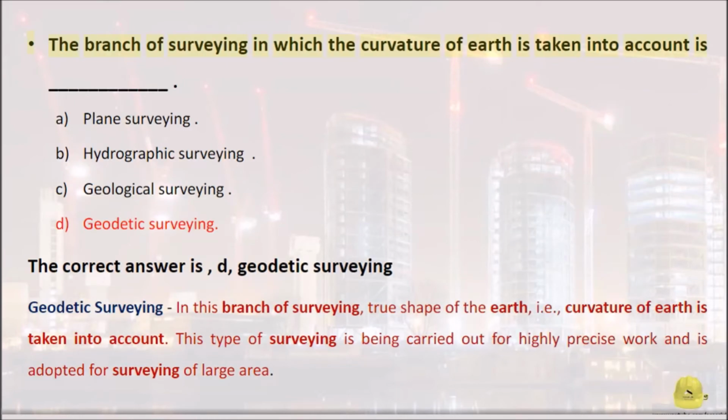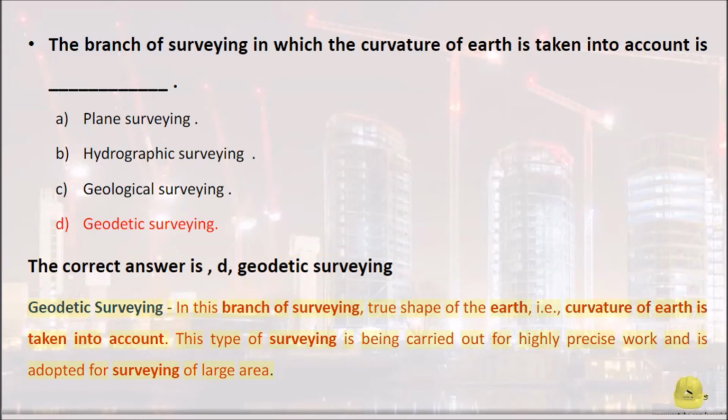The branch of surveying in which the curvature of Earth is taken into account is: A. Plane surveying, B. Hydrographic surveying, C. Geological surveying, D. Geodetic surveying. The correct answer is D. Geodetic surveying.